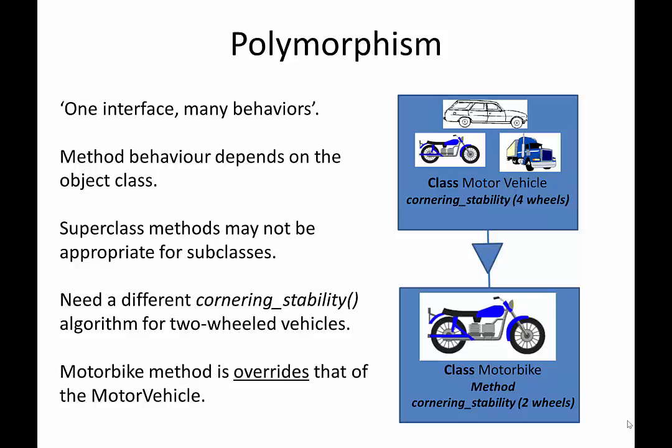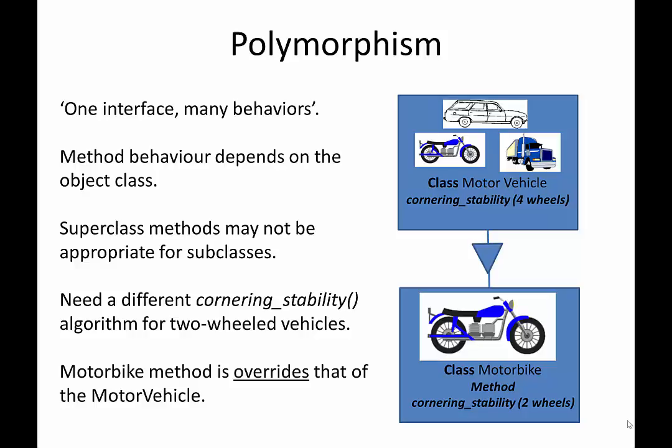if a language, a system implements polymorphism, it allows you to overwrite the methods and properties defined by superclasses. Okay, example. Basically, the method behavior or the property depends on the object class. So here we've got motor vehicle. Most motor vehicles have 4 wheels.